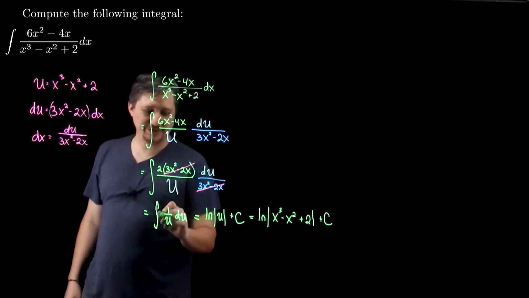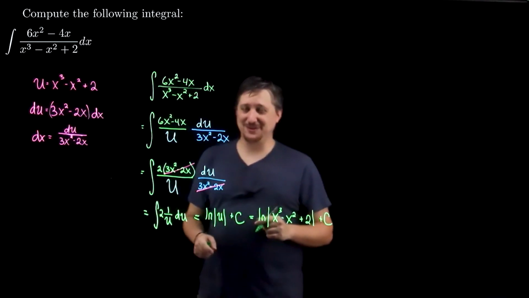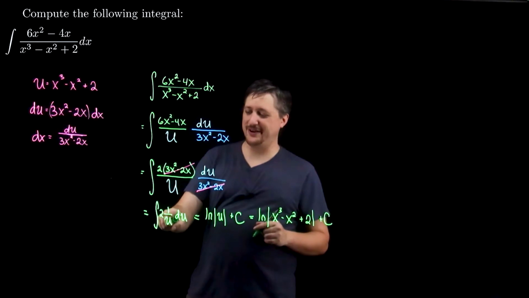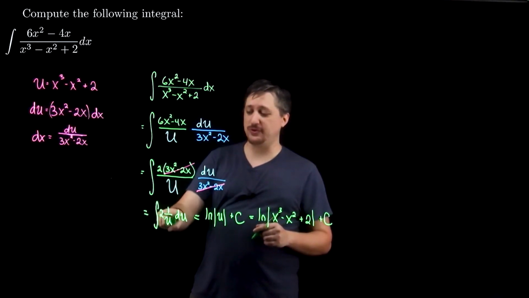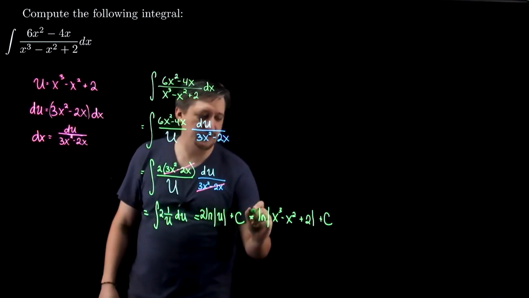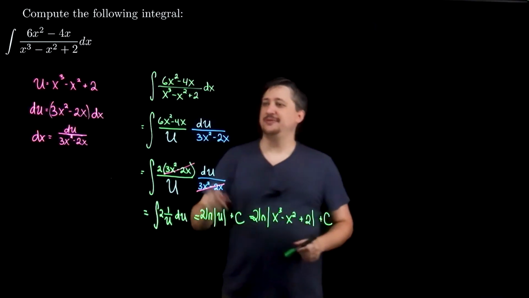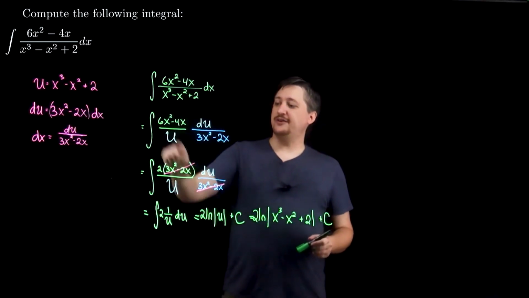Sorry, the 2 should have been here. This is why I look back over work. So the 2 should have been there, but a 2, right, can move in and out. So the 2 can move out, which means I just get a 2 outside. There we go. So I had to factor out a 2.